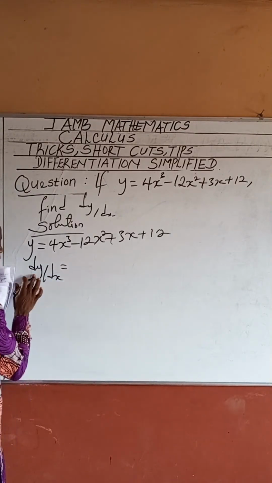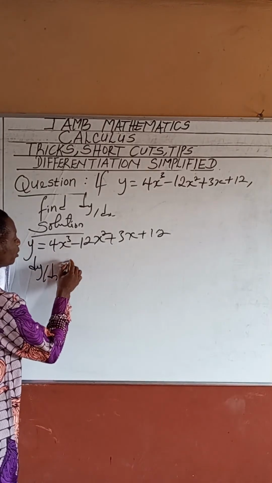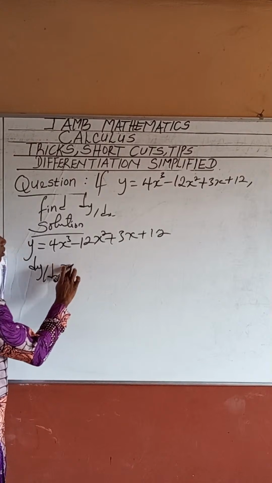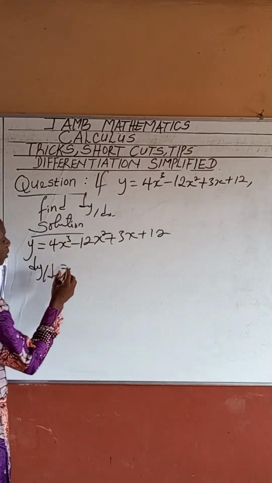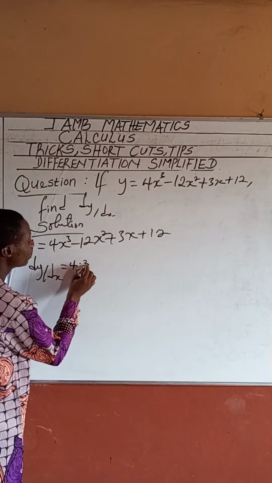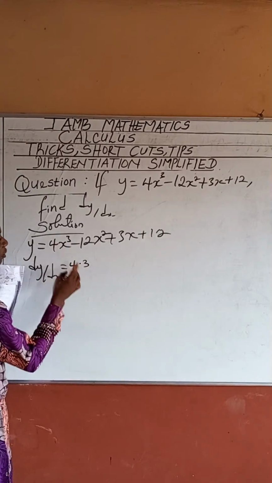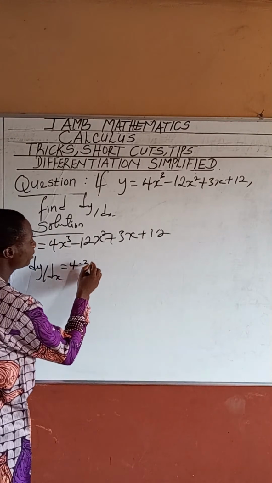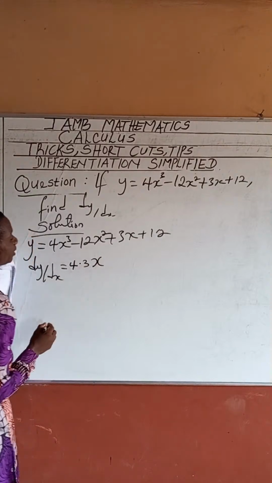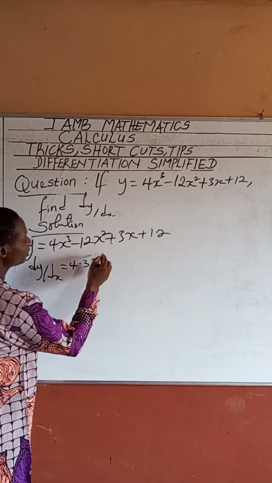So we go for dy/dx. dy/dx will be 12. That is, this is 3 times 4, because the 4 is already here, so times it by 3. Bring down the 3, 3 times 4 or 4 times 3, it doesn't matter. Then this is x raised to power, we decrease the 3 by 1.